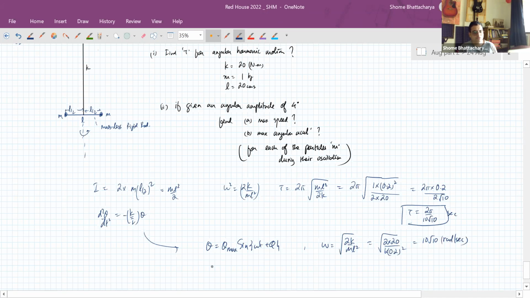That is the value of omega. So the angular velocity is omega into theta max cos omega t plus phi.